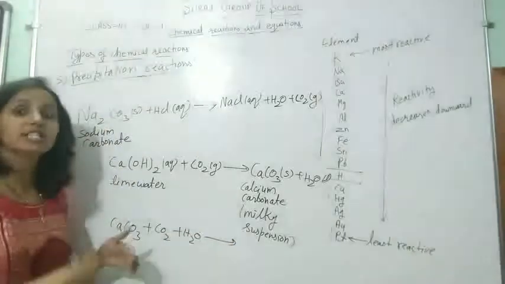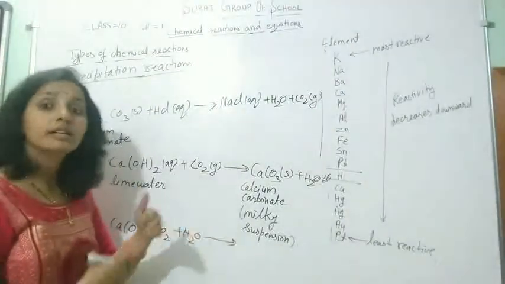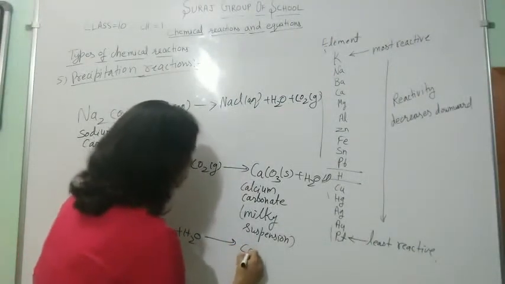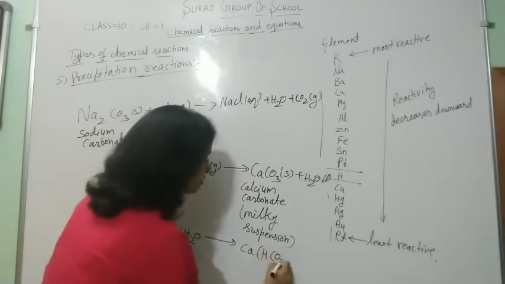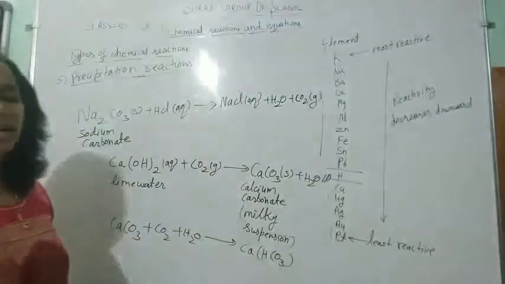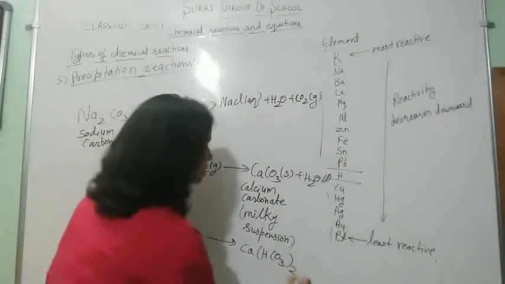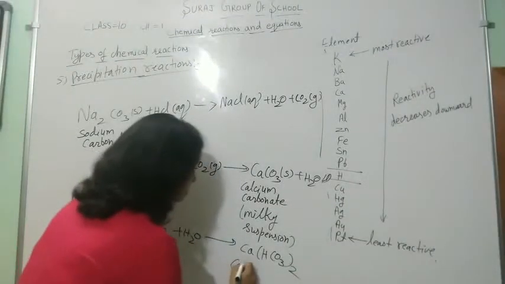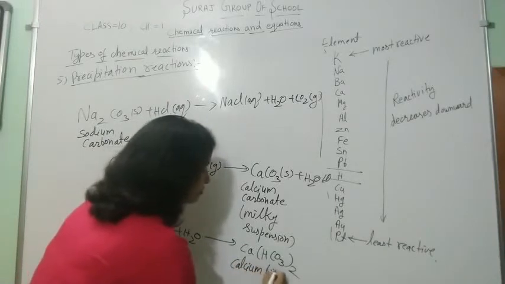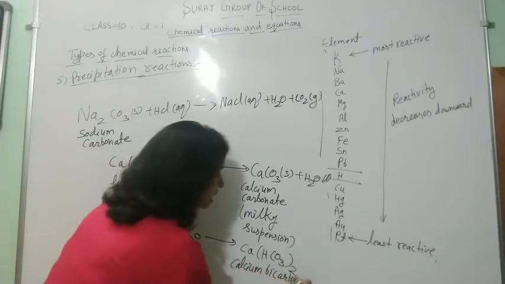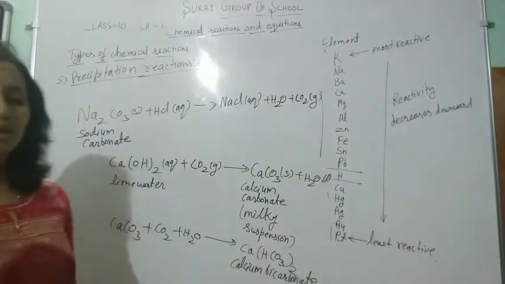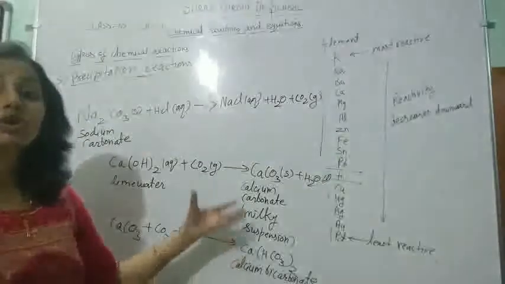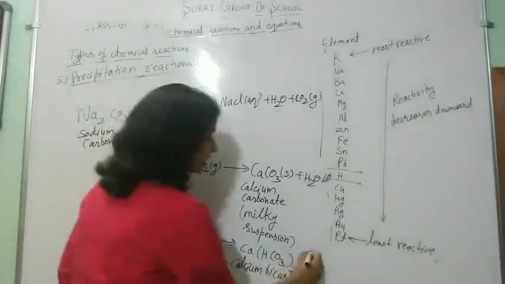the milkiness disappears. The milkiness finishes, and it forms a new compound, calcium bicarbonate, Ca(HCO3)2.